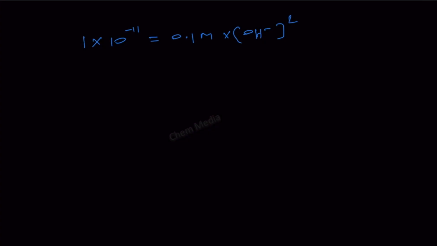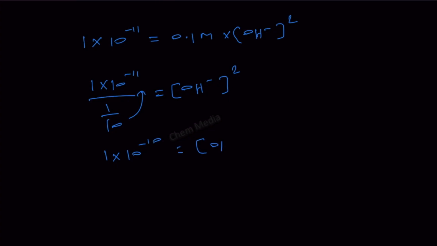So therefore 1 times 10 to the power minus 11 divided by 1 by 10 is equal to OH- concentration square. When this 10 comes up, it becomes 1 times 10 to the power minus 10, which is equal to OH- concentration whole square.